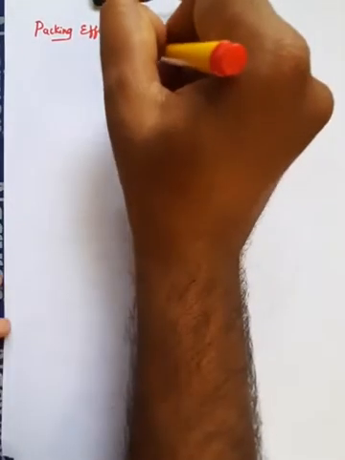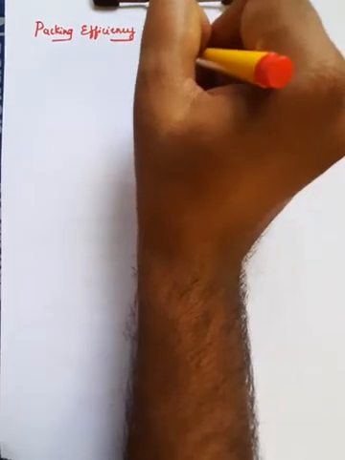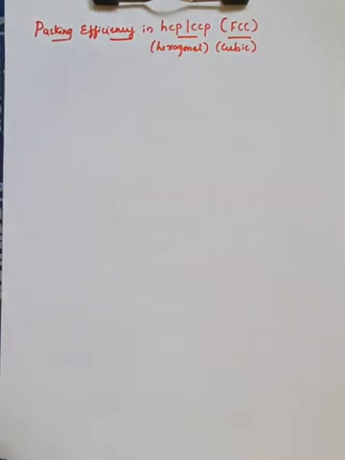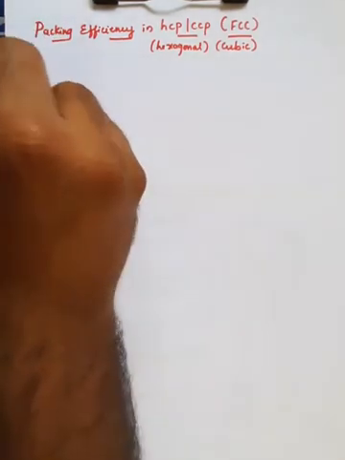So you can call it hexagonal also, or you can also call it cubic. CCP means cubic close packing, right? So if you consider a cube, I will draw here.